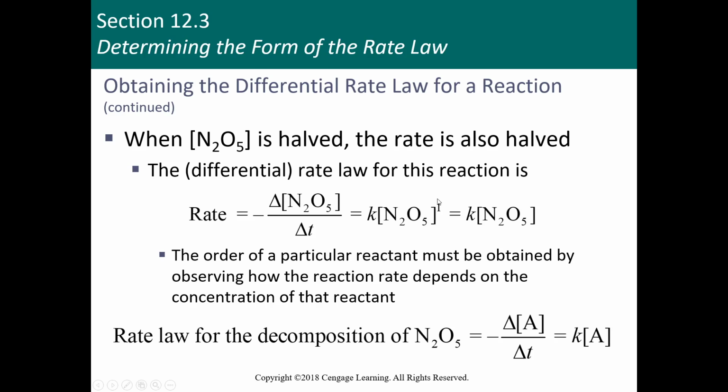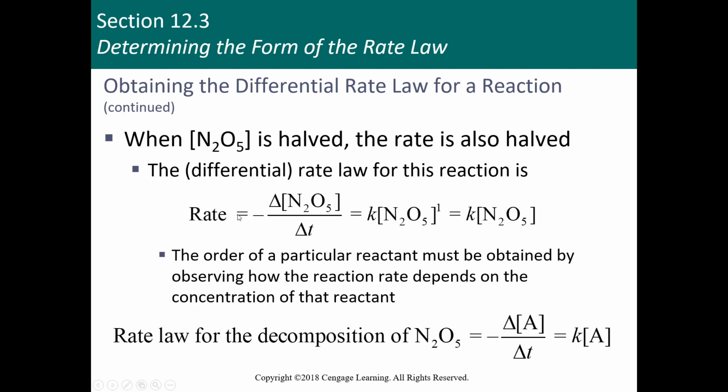So the order of a particular reactant must be obtained by observing how the reaction rate depends on that concentration. Since this is a linear change in the concentration versus the rate, this has to be an order of 1. If you change the concentration and it didn't change the rate, we'll get into those, but that would be an order of 0.